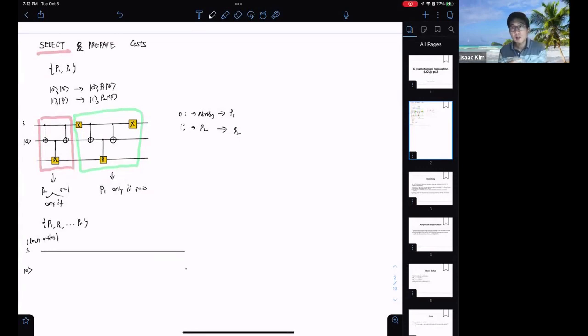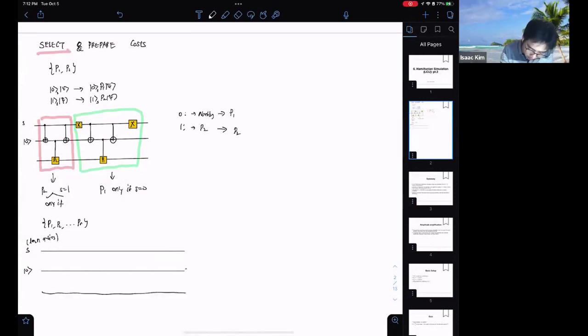You still have this extra intermediate computation register, which stores whether S is in a particular state or not. And you have another register whose input is an arbitrary state psi.